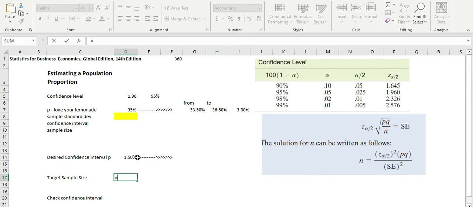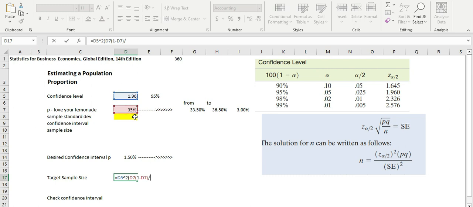So this is the confidence level, raised to the second power, and then multiplied by the proportion p and the q. Q is equal to 1 minus p, over the SE.